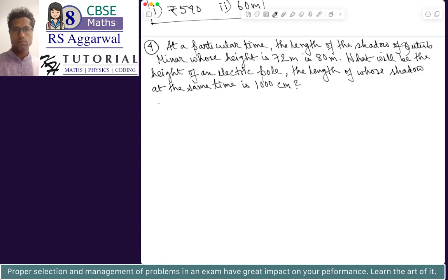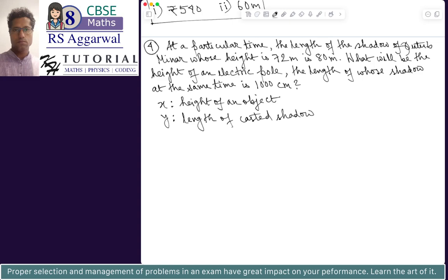So if you consider the two quantities x and y, let's say x is the height of an object and y is the length of the casted shadow.